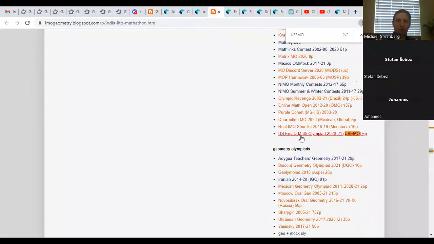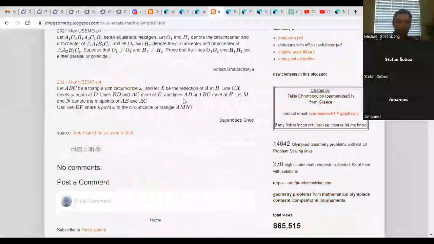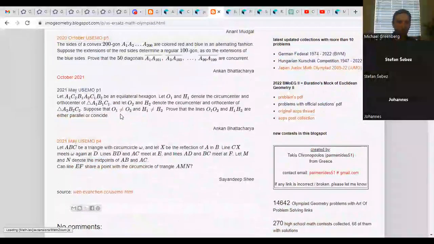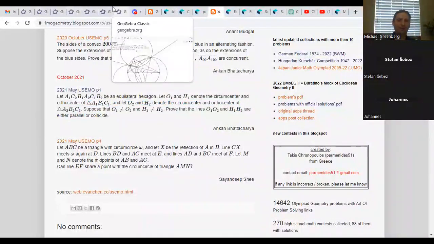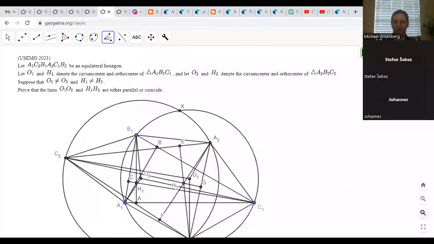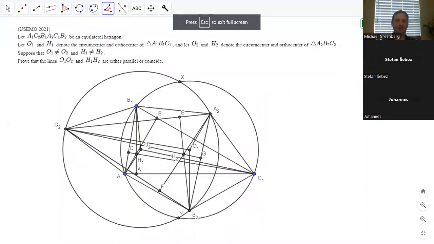If it's number 1 or number 4, then it probably has an easy solution. So let's see what number it is. Oh, it is a number 1. So yeah, then probably it isn't too hard. We just needed a bit more time, but we don't have it. It's all right.